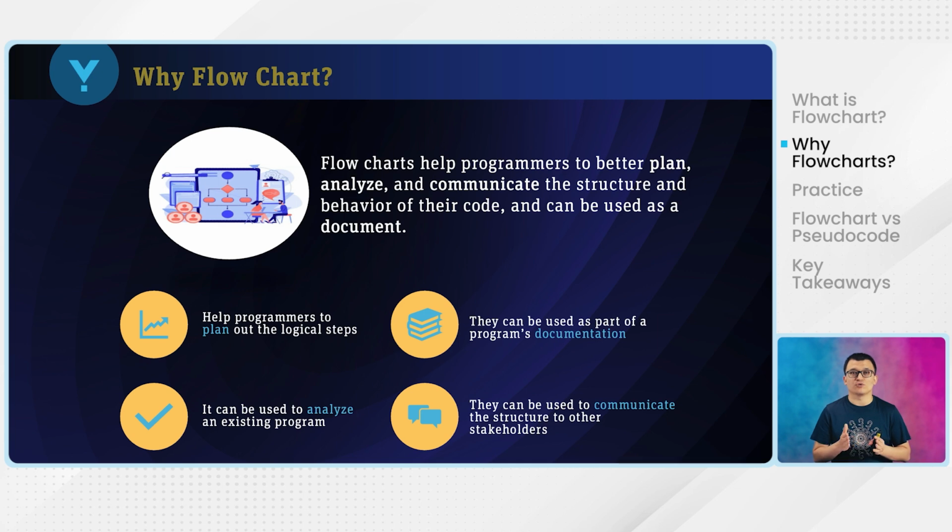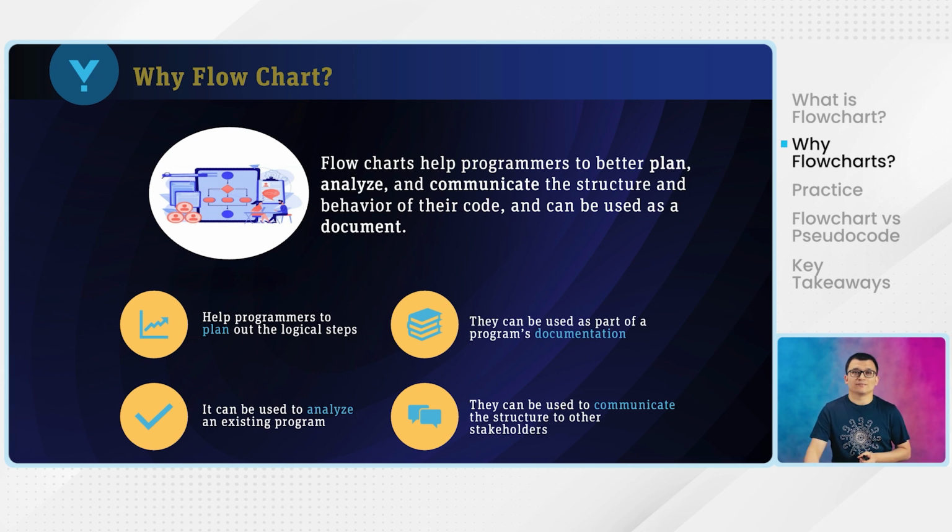So flowcharts are used for several purposes in programming, which include planning, analysis, communication, and documentation. Why is it used for planning? Because flowcharts help programmers plan out the logical steps of their program before even writing any code, which improves the efficiency of their coding, and it also saves time.